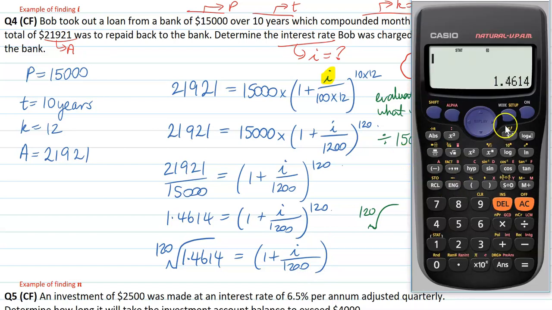So to put that in the calculator, we'll go the 120th root of 1.4614, and that's 1.00317. Let's round it to.